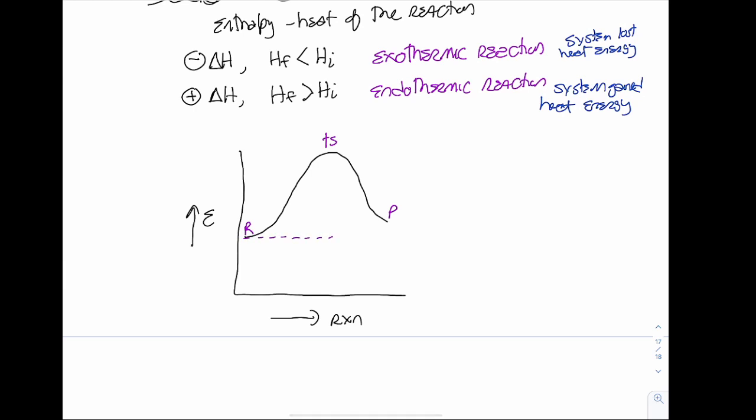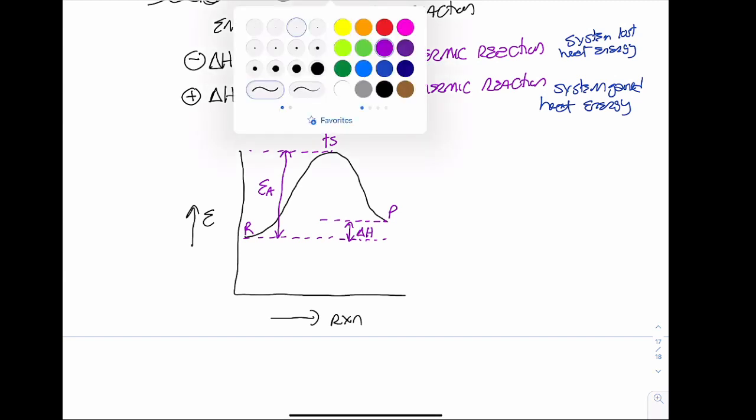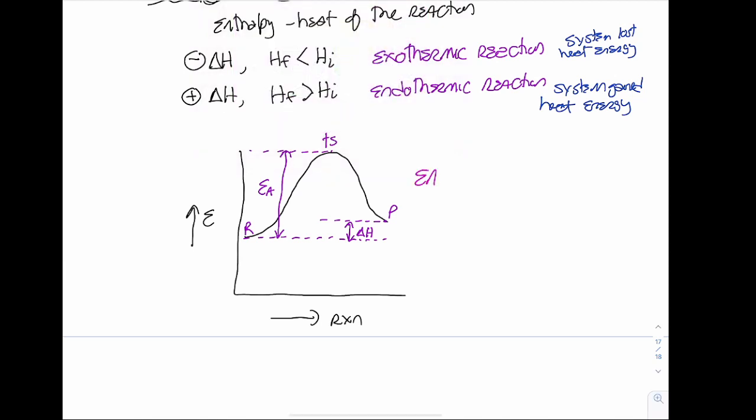My activation energy is the energy difference between reactants and the transition state. My enthalpy change is the energy difference between reactants and products. But because my products are higher in energy than my reactants, this one would be for an endothermic reaction.